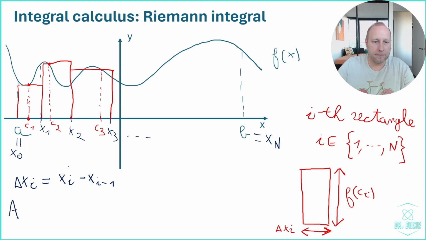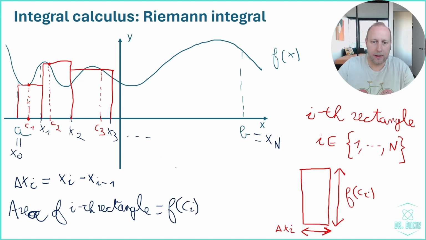So the area of the ith rectangle is equal to f of ci times delta xi. So this is the approximation of the area we're looking for, for the ith rectangle, and then we add them up to get the area under the whole interval between a and b.